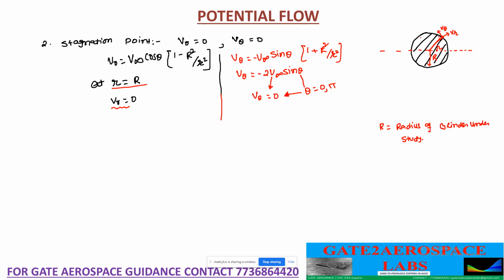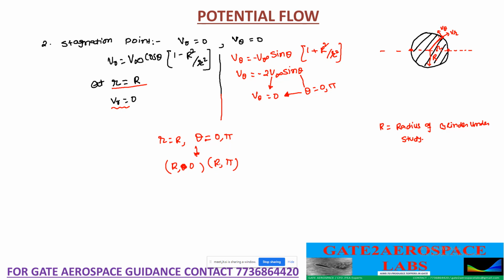So if you consider this cylinder, at theta equals 0 and theta equals pi, these are 2 points where you will be having the stagnation point. What is the location of a stagnation point? r equals R and theta equals 0 or pi. So from this we will get 2 points, R0 and R pi.